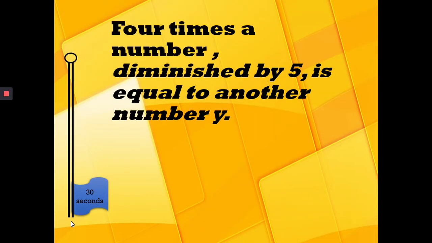For number one, we have: 4 times a number diminished by 5 is equal to another number. You have 30 seconds. Timer starts now.